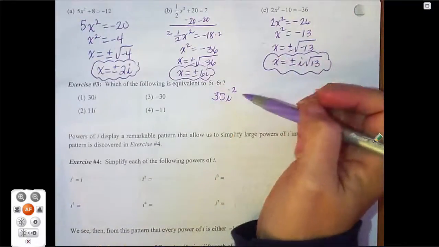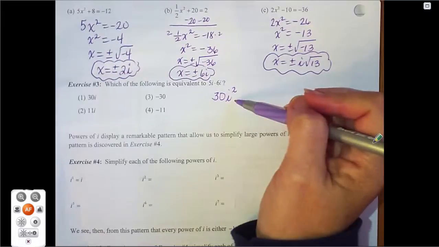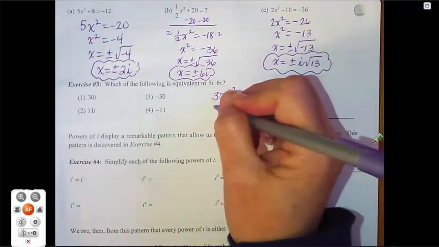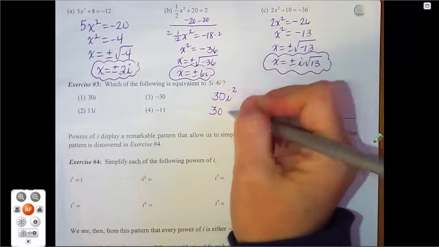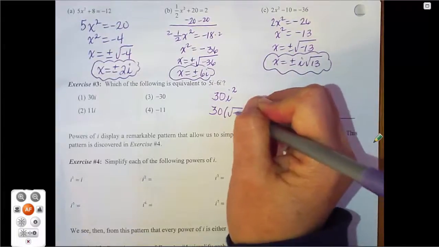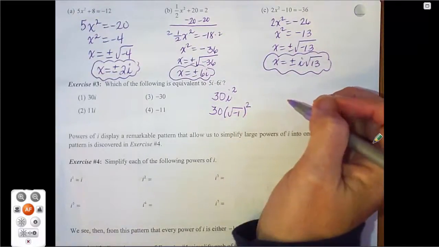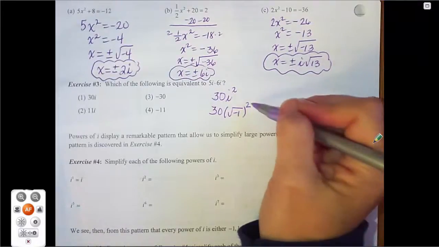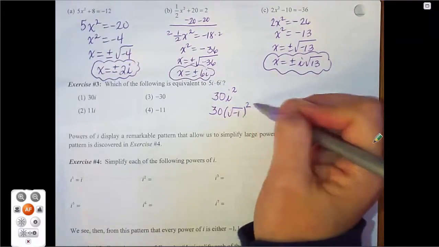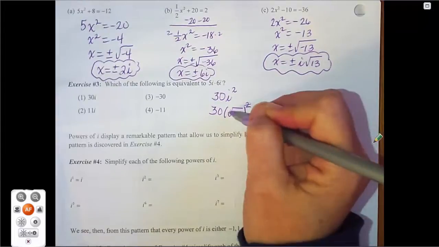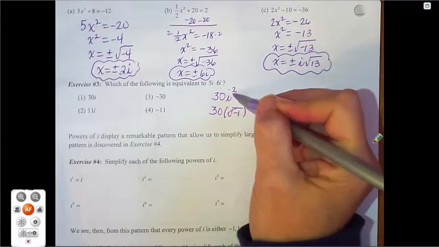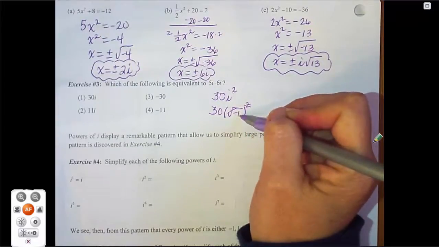Well, we now know that i is the square root of negative 1. So this is really 30 times the square root of negative 1 squared. Keep in mind that squaring undoes square rooting. So this squared takes out the square root, and i squared is really equal to negative 1.